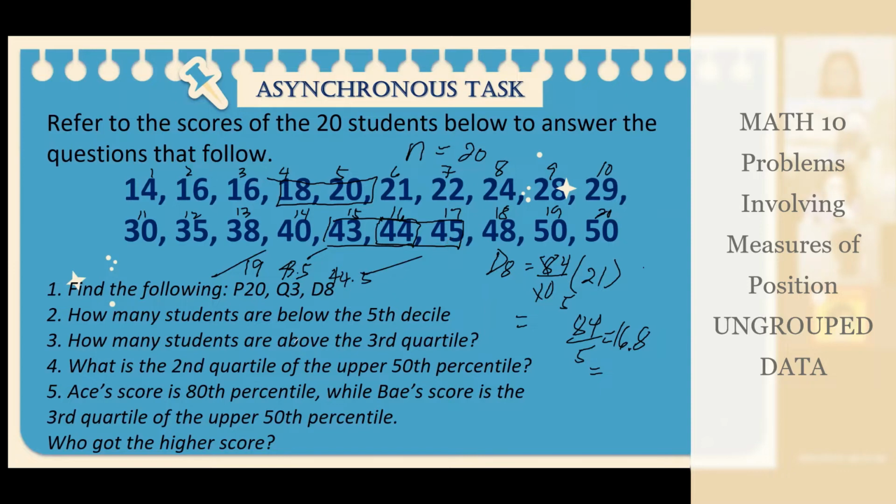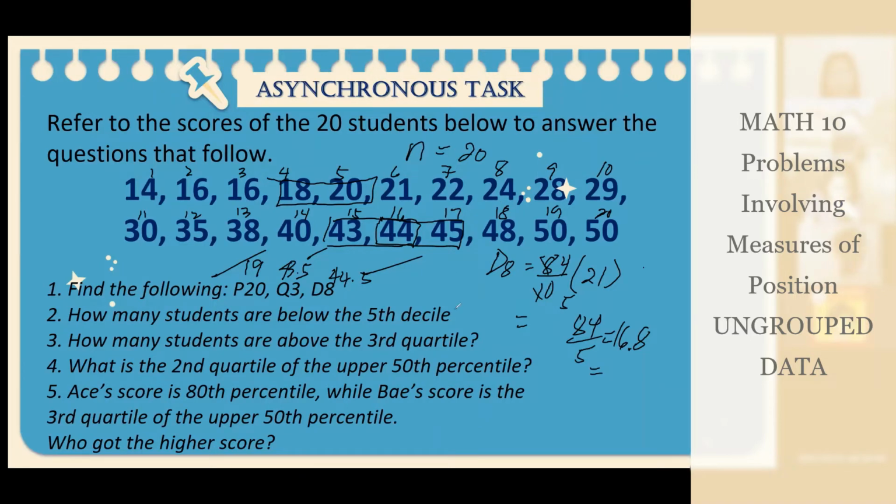Now, how many students are below the 5th decile? We still need to compute for the 5th decile, and the 5th decile is like the median, right? The half. If there are 20 scores, what is the half? It's between 10 and 11. We don't need to solve.